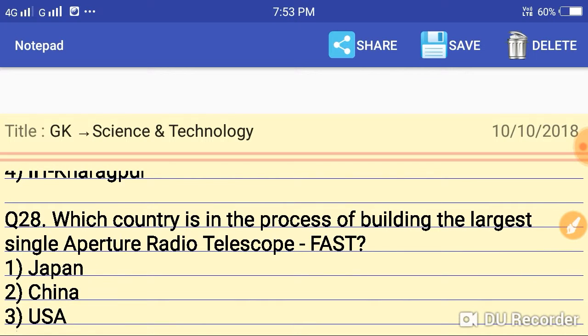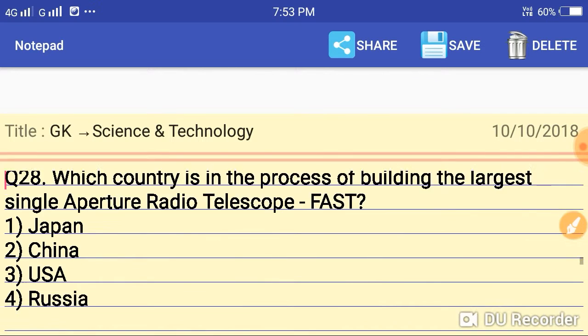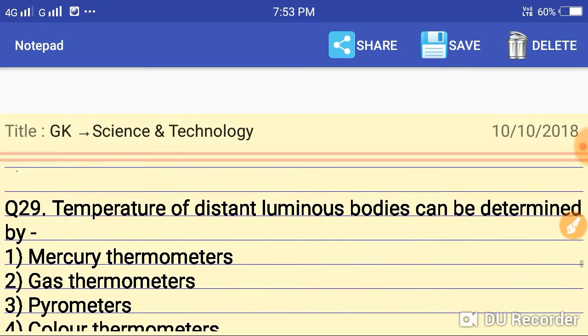Question number 28. Which country is in the process of building the largest single aperture radio telescope, FAST? Right answer is China, option number 2. Next question.